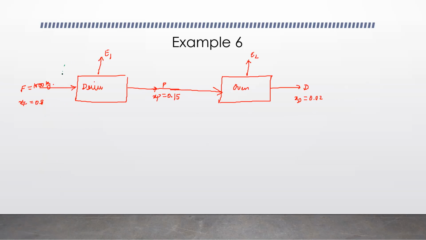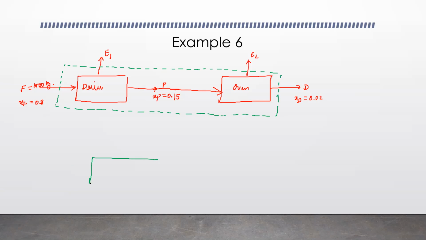In order to do that, since this is multiple units, we are going to draw a control volume, or a green box, and make a green block diagram for the same. So this is my system.